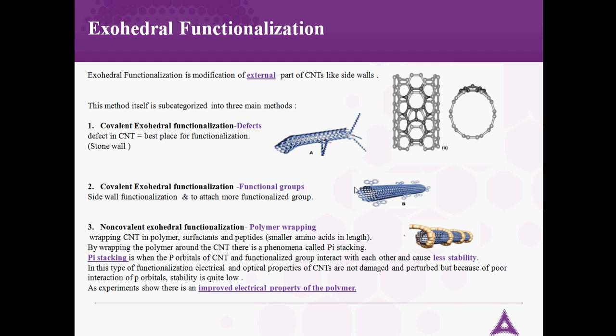They're attached to the sidewalls, and this one is called functional group exohedral functionalization. The third one is non-covalent exohedral functionalization, which is polymer wrapping.